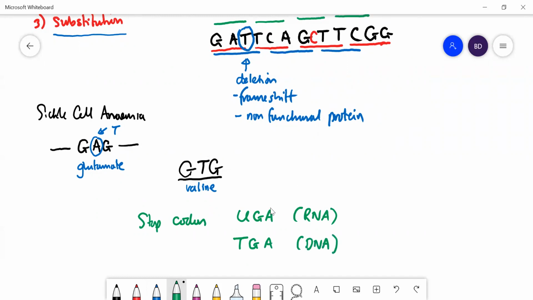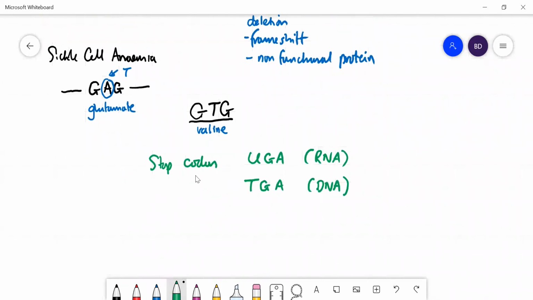Now, very similar to that, you could have TGC. TGC codes for the amino acid cysteine. So this is stop, and this is cysteine.